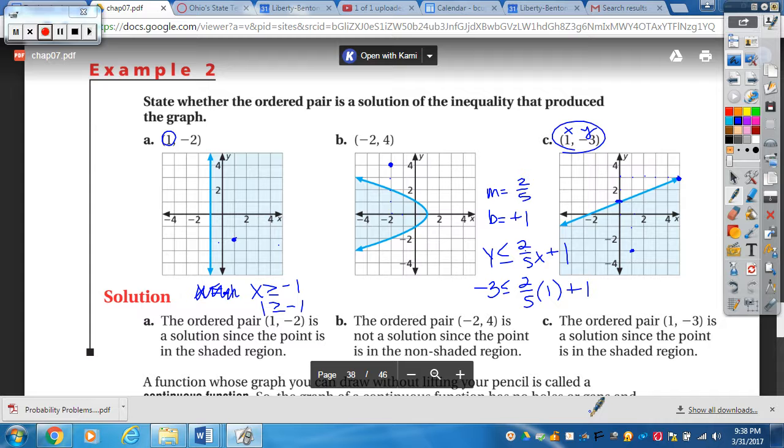So if we work this out, 2/5 plus 1 is 1 2/5, what we're basically saying is that -3 is less than or equal to 1 2/5, which is a true statement. -3 is less than that. So again, I'm taking you much deeper with all of this stuff. That's much more than what you need to know. I just need you to know how to determine if the point is a solution.